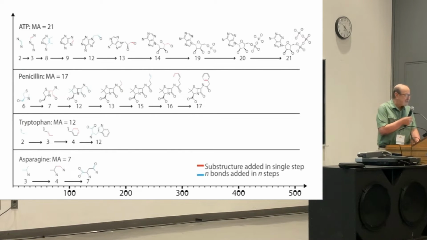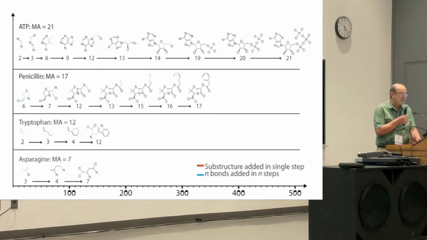But what it shows is, at the end of each of these pathways is a molecule. In the first case, it happens to be ATP. And you see that assembly theory has to do with the number of bonds, and the MA, that value that goes from 2 to 3 to 8 to 9 to 12, etc., all the way up to 21, is the index, the mass index, which is determined by mass spectroscopy, but also can be predicted by theory.